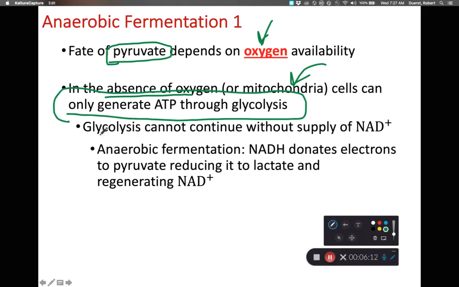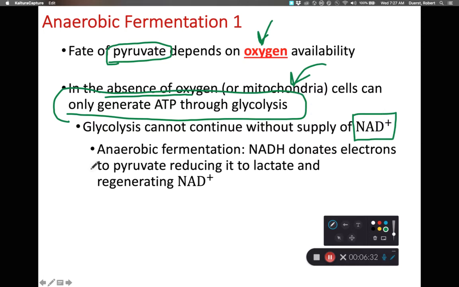And when we think of glycolysis, I had shown you in a couple slides, 3 slides ago, how we have an NAD positive carry away a high energy electron. But if we can't regenerate these NAD positives, we can't continue this process of glycolysis.